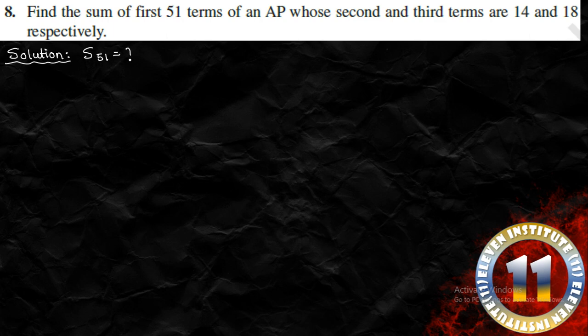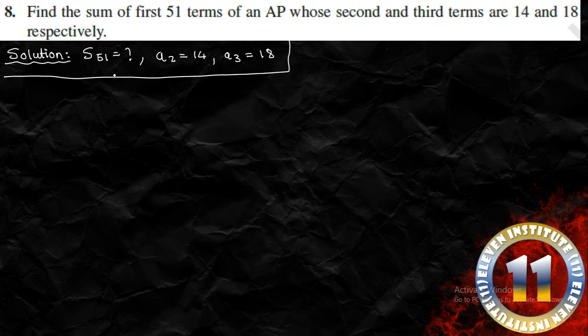S51 is equal to question mark, whose second and third terms are 14 and 18 respectively. So we can write over here that second term is equal to 14 and third term is equal to 18. Right, this much is given to us.